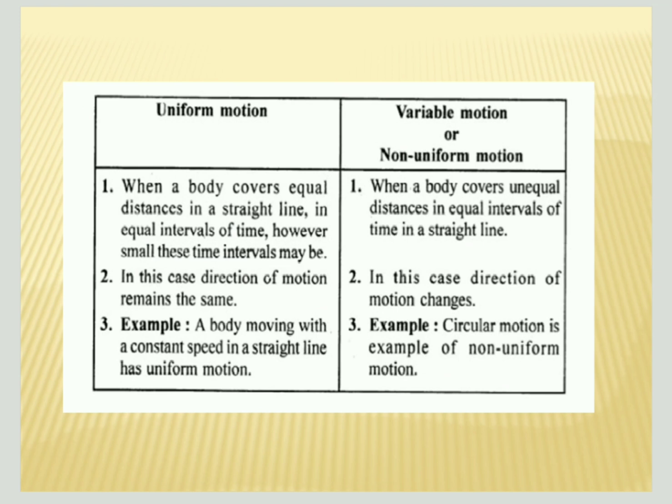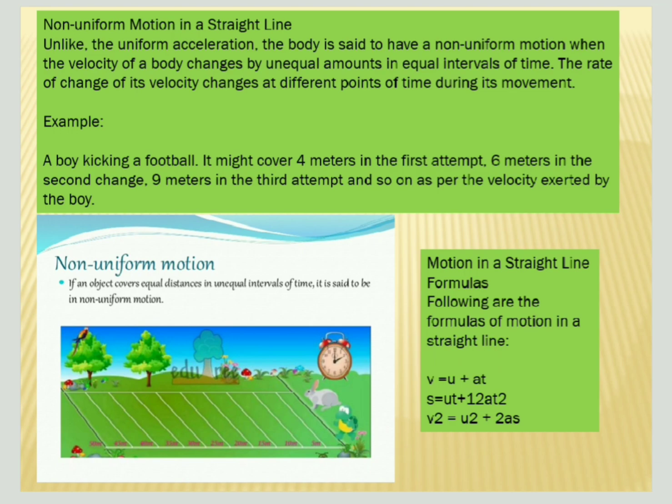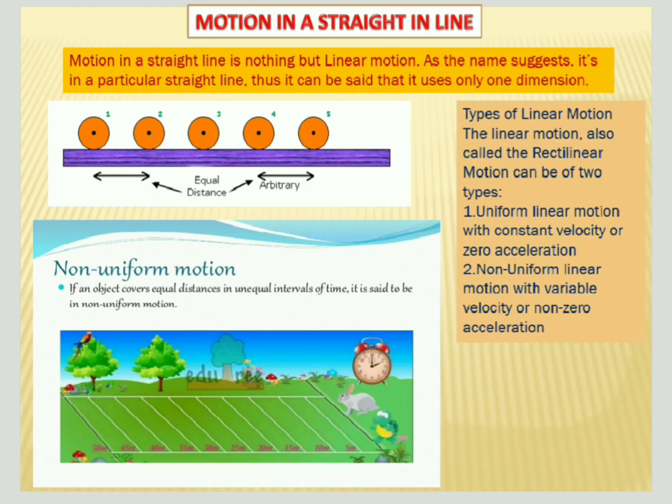Here it is written uniform motion, non-uniform motion. When a body covers equal distance in a straight line, it is uniform. And when a body covers unequal distance in equal interval of time in a straight line, it is non-uniform. Students, I have told you about this, but again I am telling you, just listen properly.